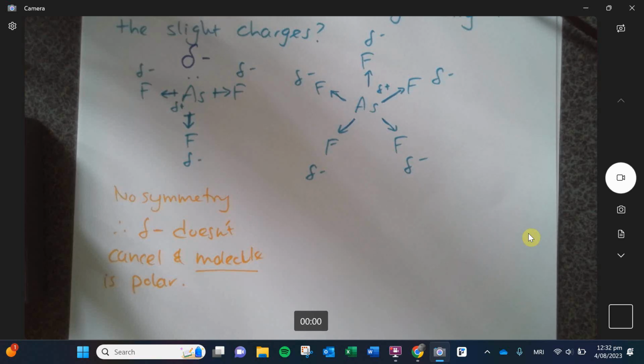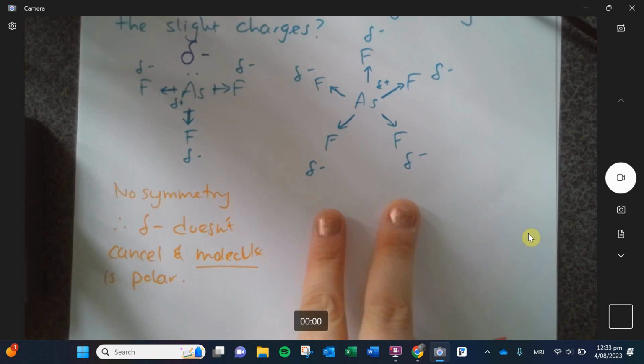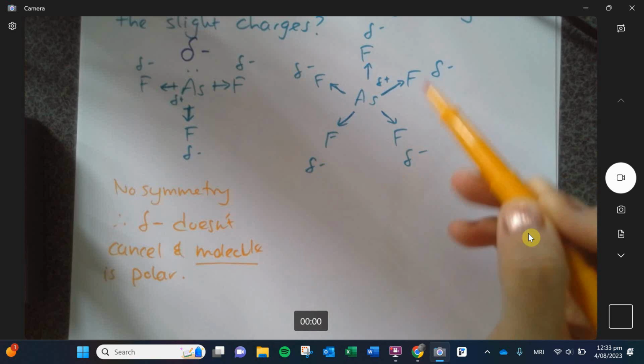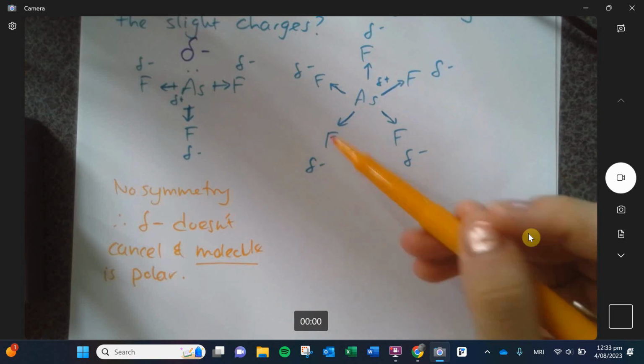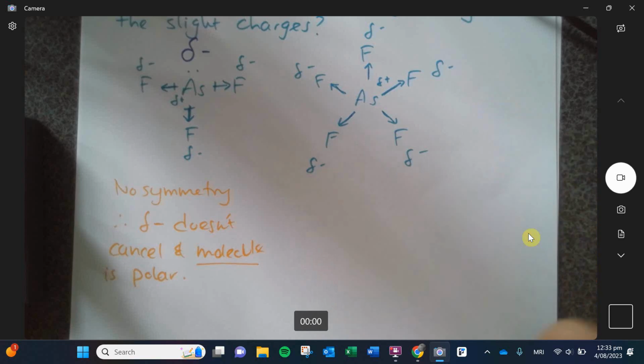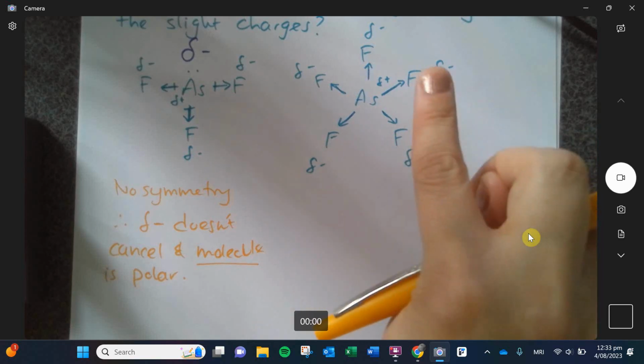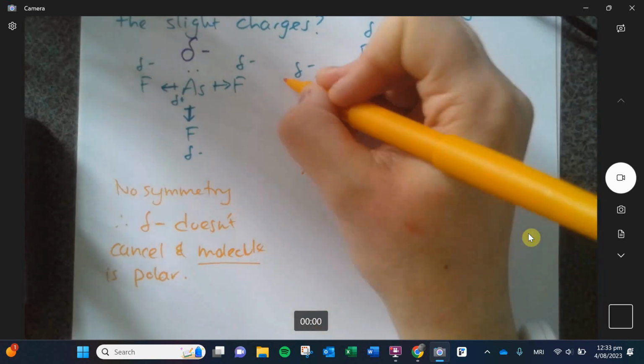Keep going? Okay. This guy over here, all of these slight negatives are the same value, and so there is symmetry. So they're going to cancel each other out.